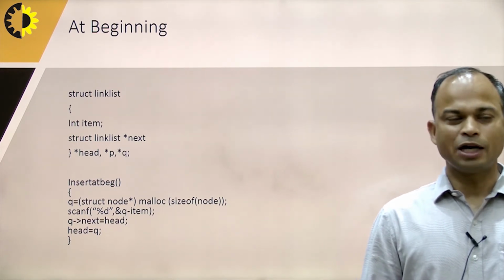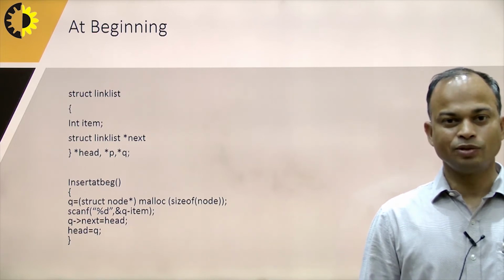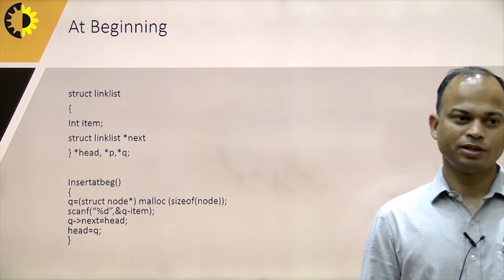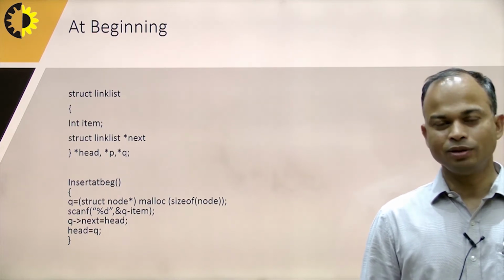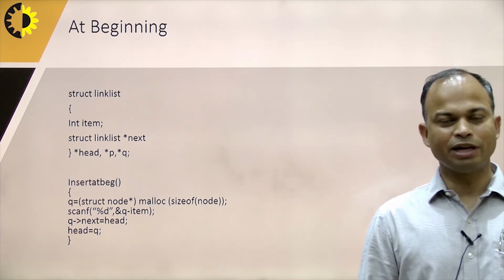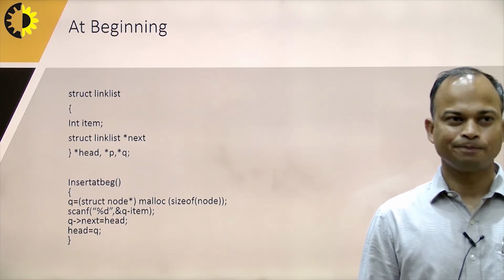Then we do q arrow next equals head, because now q is pointing to the previous first node, and then head equals q, because head always points to the first node. So we have very simple code for the insert operation at the beginning.